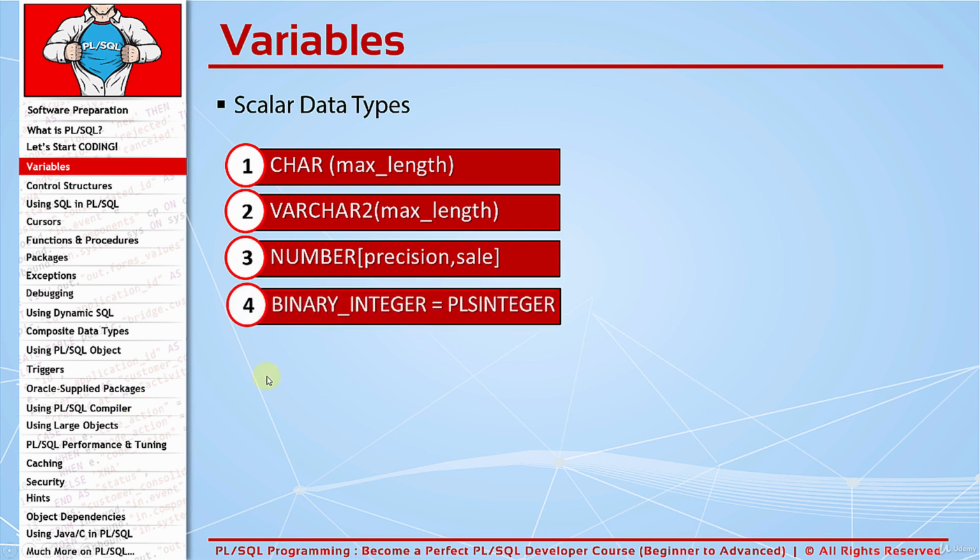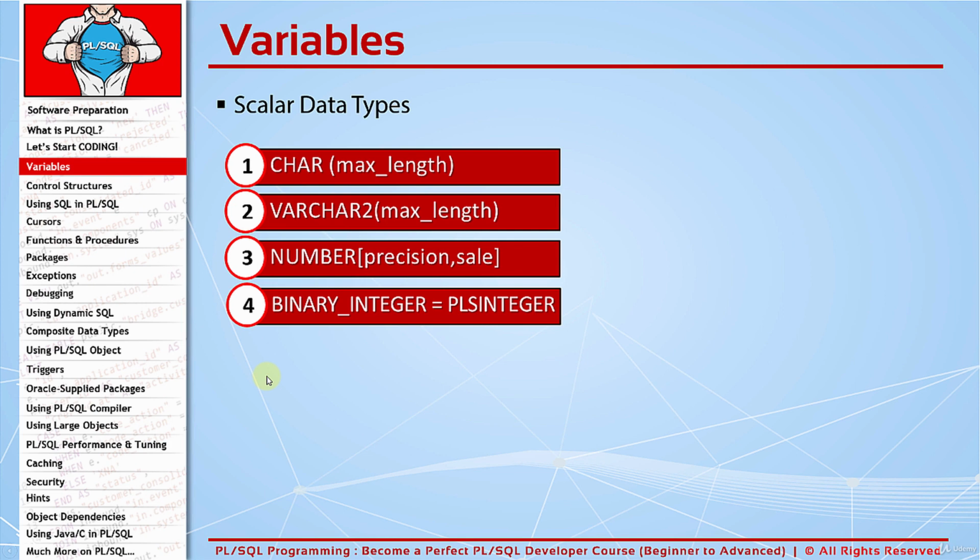And binary integer, which is equal to PLS integer. Binary integer and PLS integer are identical data types, completely the same, from 11g onwards, including 11g. In older versions, they are not the same. Yes, their range is between over negative 2 billion and over positive 2 billion.